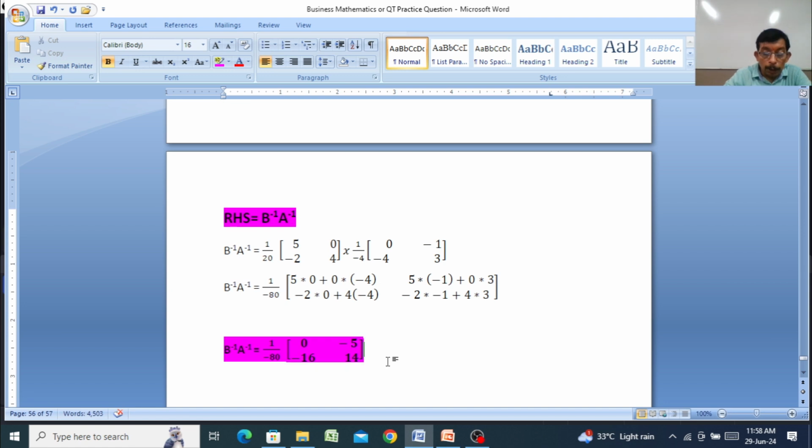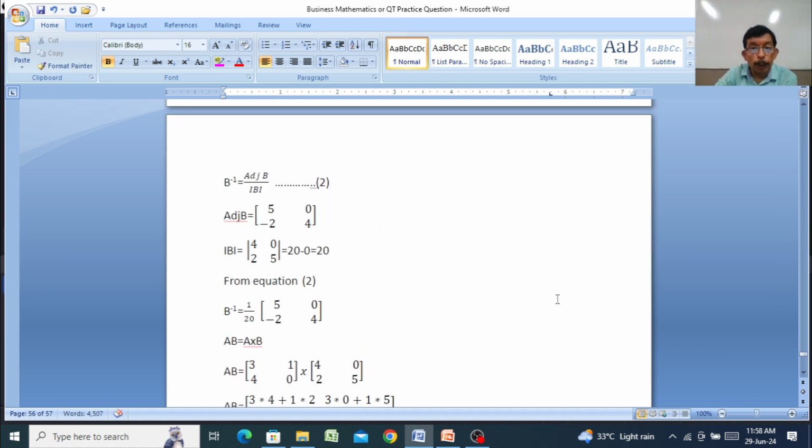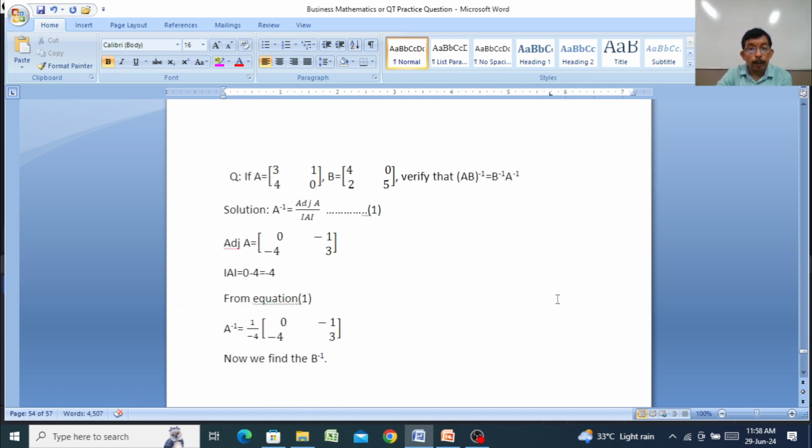Both the values are equal. Hence LHS equals RHS. Both sides are equal. It is clear. Now we have verified the inverse multiplication property. This is a good question based on the inverse property.